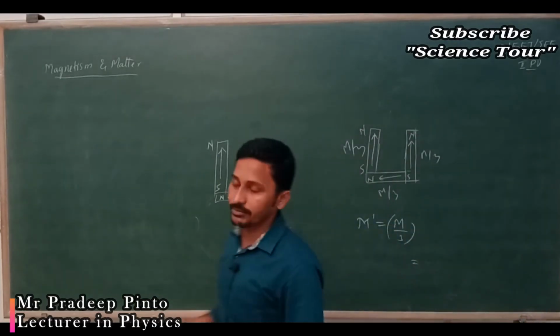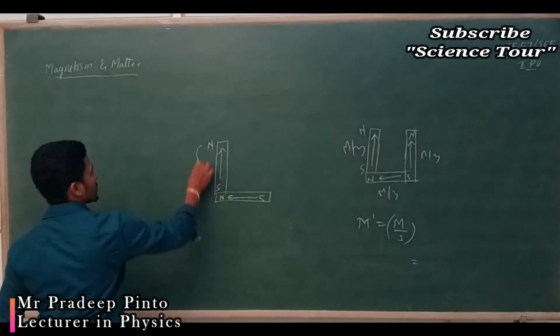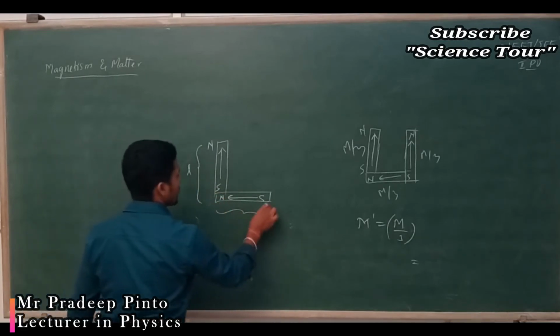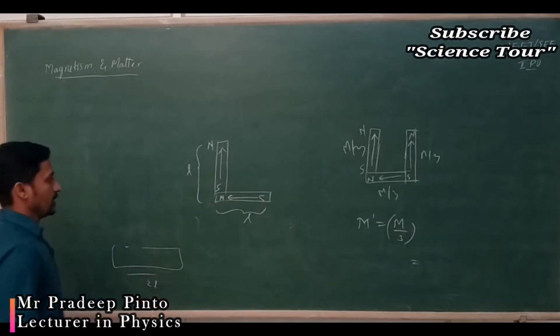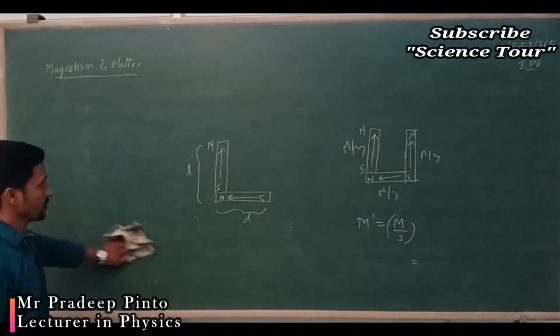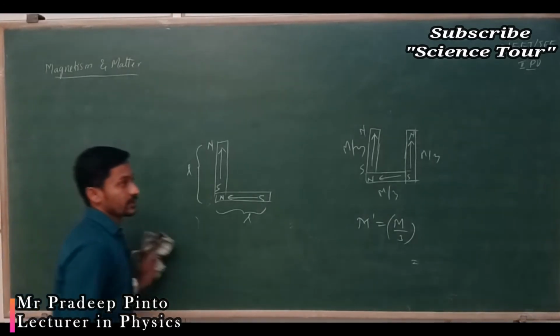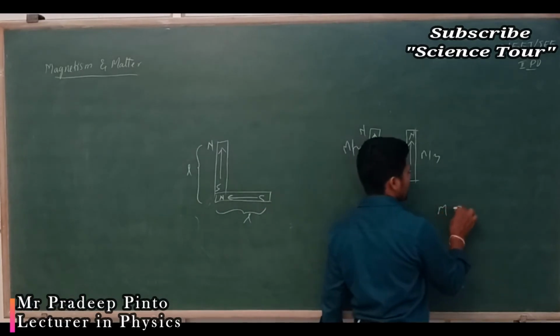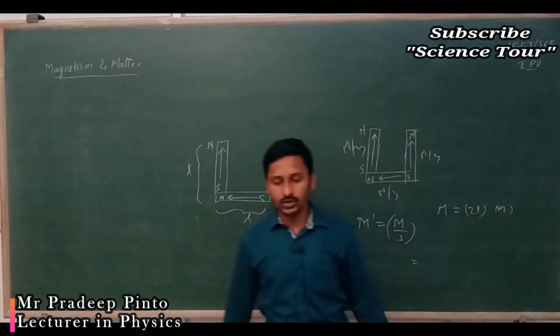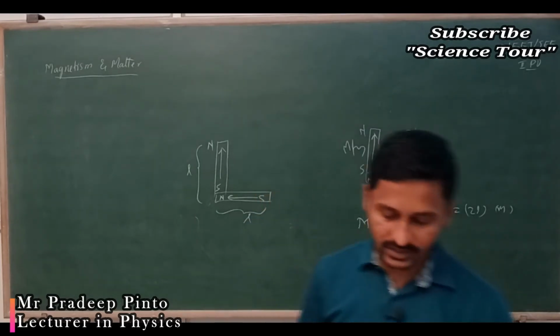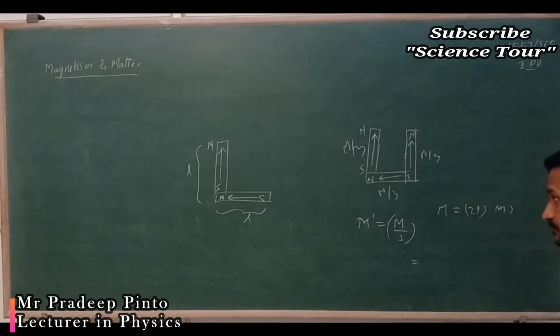Divided equally, the length becomes L and L, because the magnet length was 2L. Now divided in this way, what is the magnetic moment? What do you mean by magnetic moment? Magnetic moment is nothing but length into the pole strength. For this arrangement, what is the magnetic moment we are going to get?